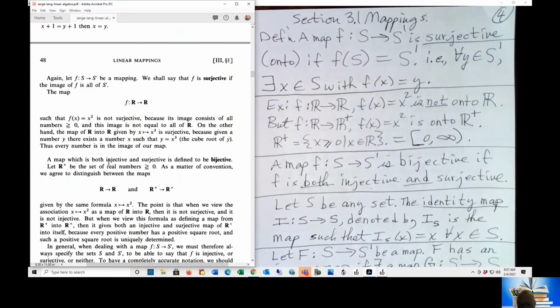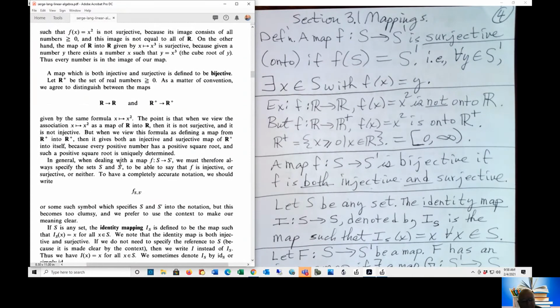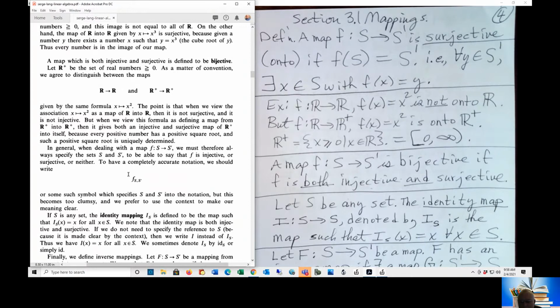And then, of course, a standard notation for the identity mapping I from S to S: the identity mapping goes from the same set to the same set. Normally denoted by I sub S, it is the mapping I sub S of X equal X for all X in S. Sometimes you might see the notation lowercase id also used for the identity mapping.